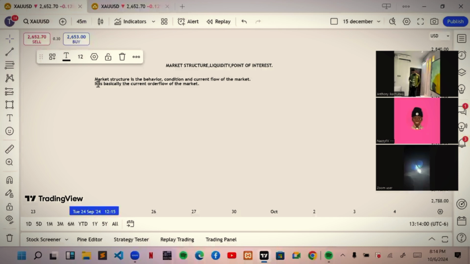There are two types of market movements. There's the trending market, and then there's the ranging market.